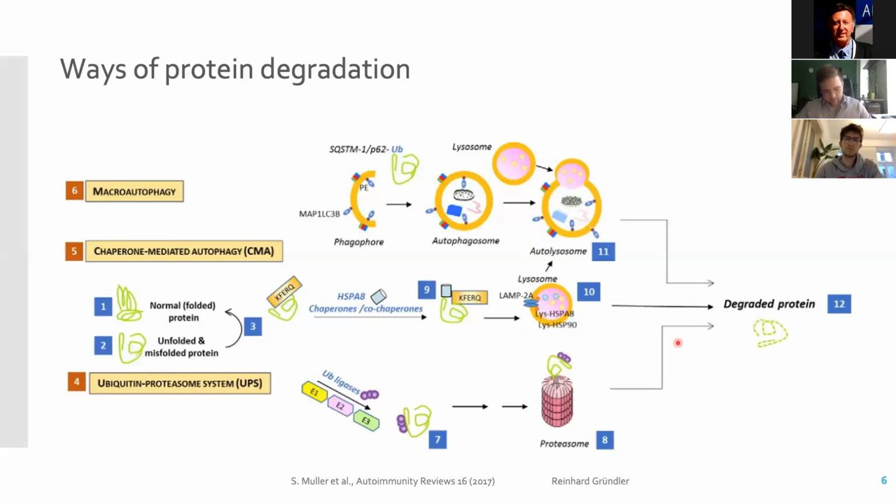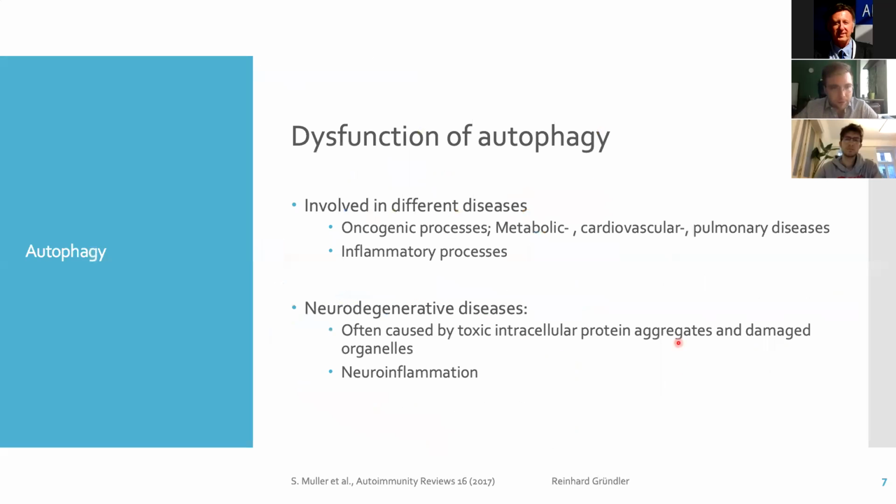It's a rather selective process, and is very vital in neuronal function, which is very important in different diseases, which we will talk about. For example, in oncogenetic processes, in metabolic and cardiovascular diseases, and of course in inflammatory processes, which is especially important in neurodegenerative diseases.